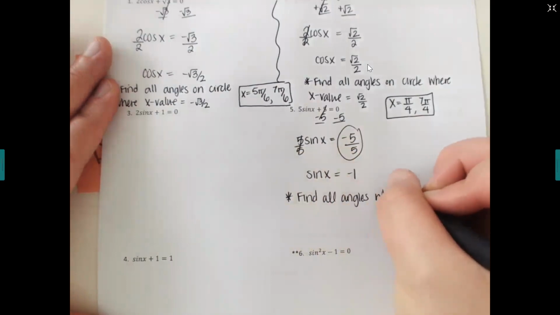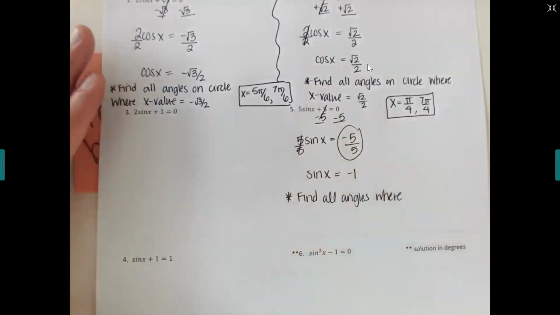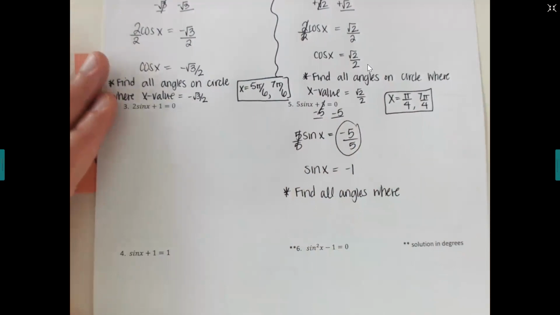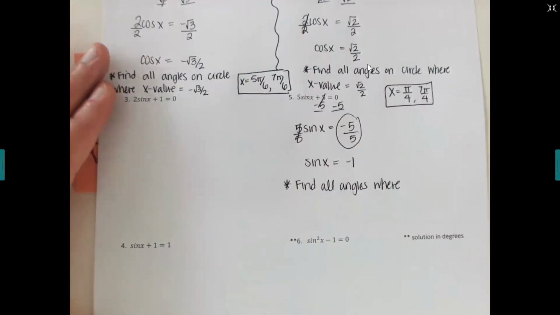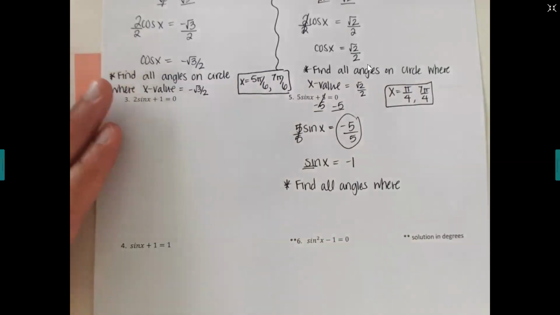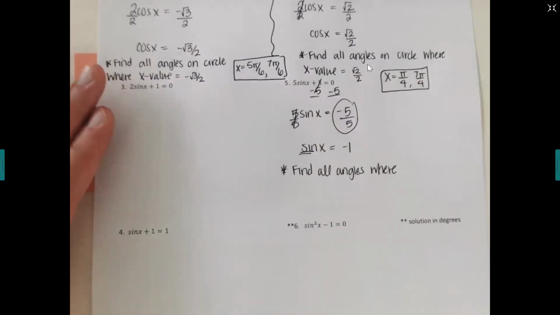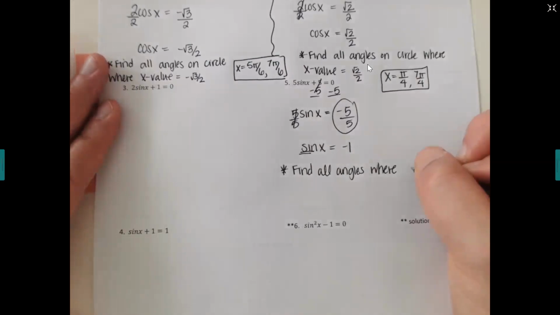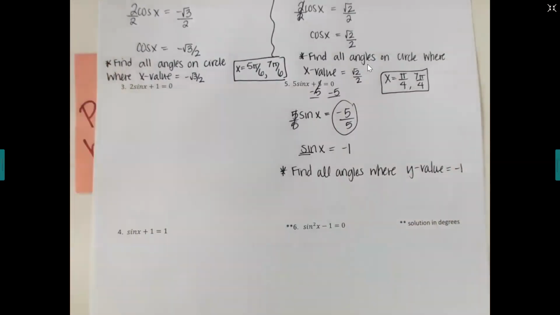Obviously we know at this point we're looking on the circle, so I'm going to leave that out. Find all angles where, and because this is a sine question, am I going to focus on the x value of the circle or the y value? Sine is the y value, and I want it to equal the number negative 1. Now, same question I was asking you before.